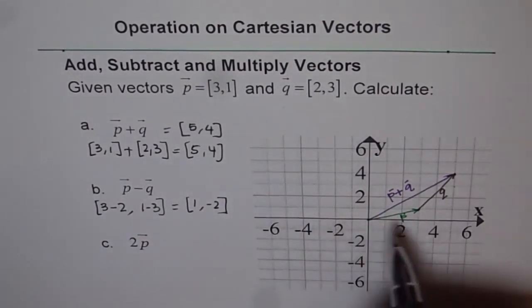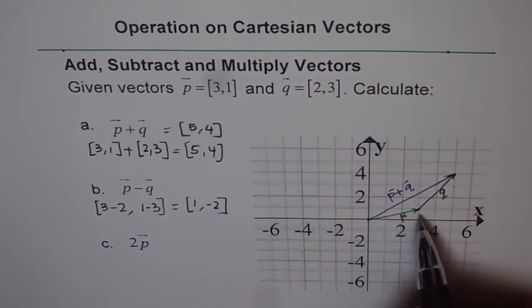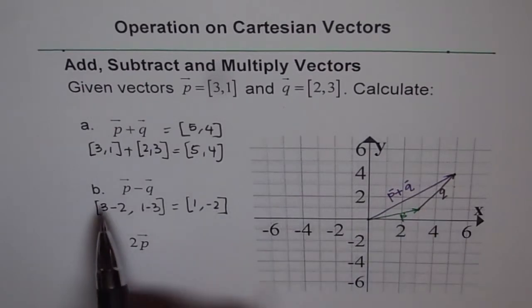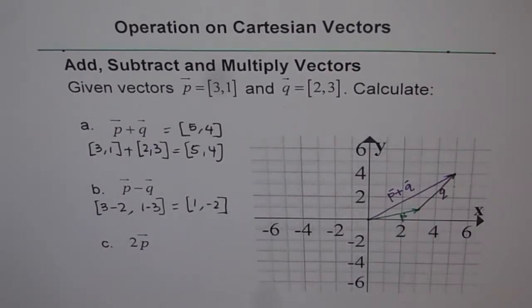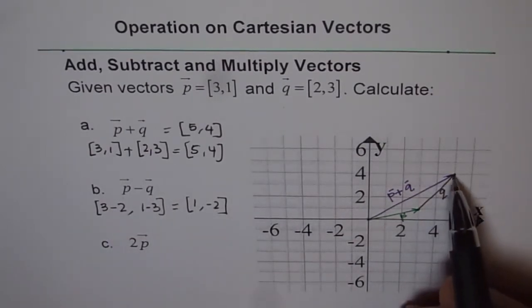As an exercise, I would like you to do it on the grid and check your answer, right? Now, p minus q is also like adding minus q to p. So this is your q, right?